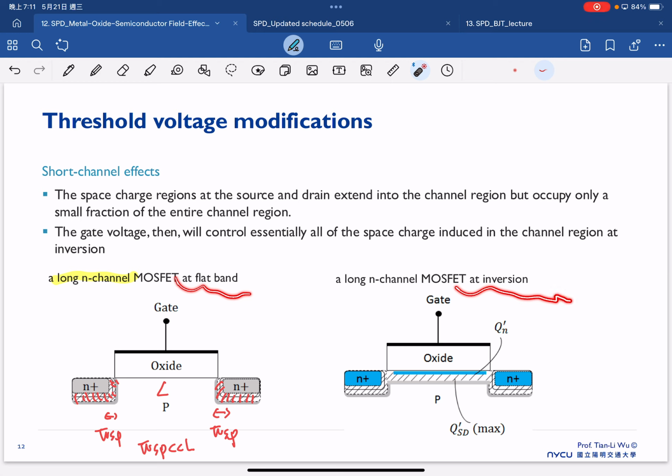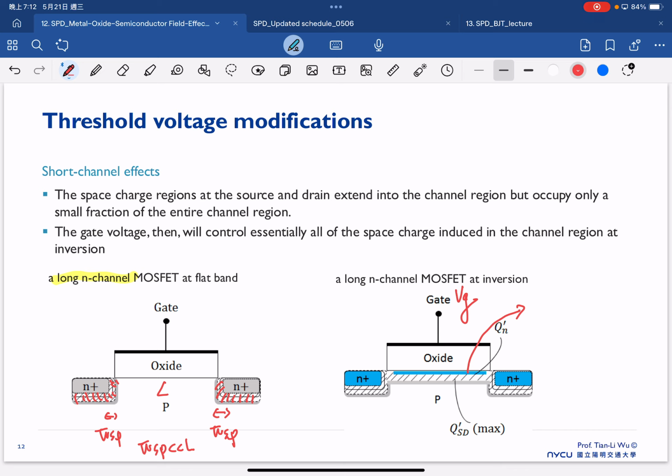This is the condition at flat band, and this is the condition at inversion. Once we apply the VG here, we start to have the inversion channel. Because this is a long channel device, the depletion region here and the depletion region here won't influence too many inversion charges in the channel.